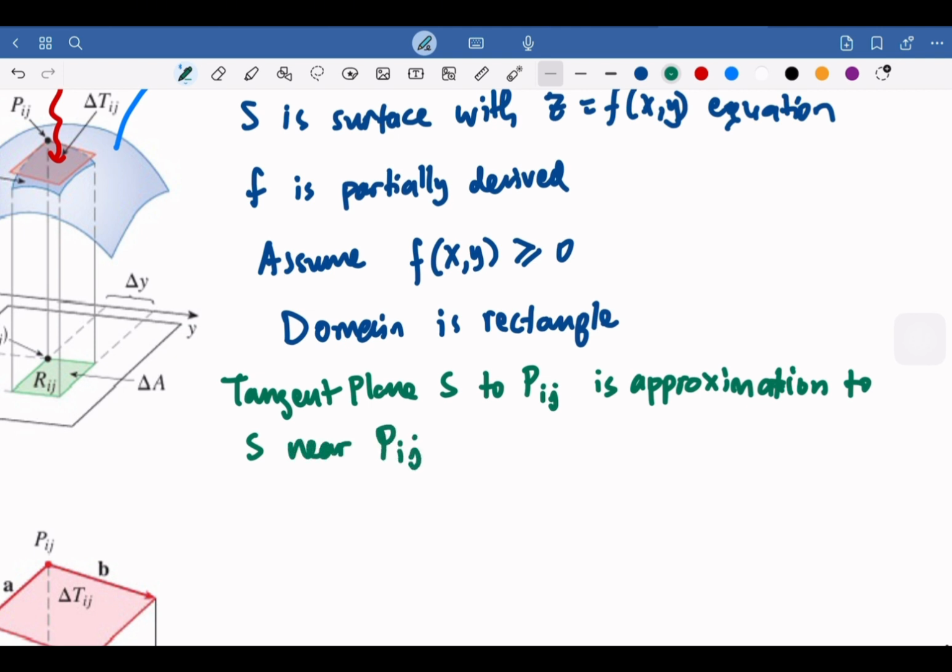Remember that if we have the points around the observed point of the tangent plane, we can do linearization, right?